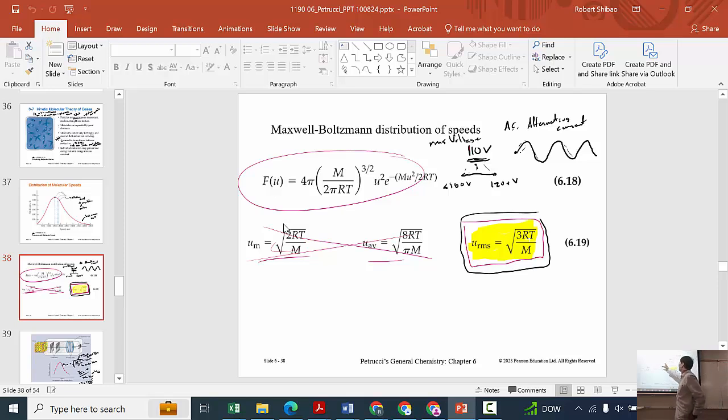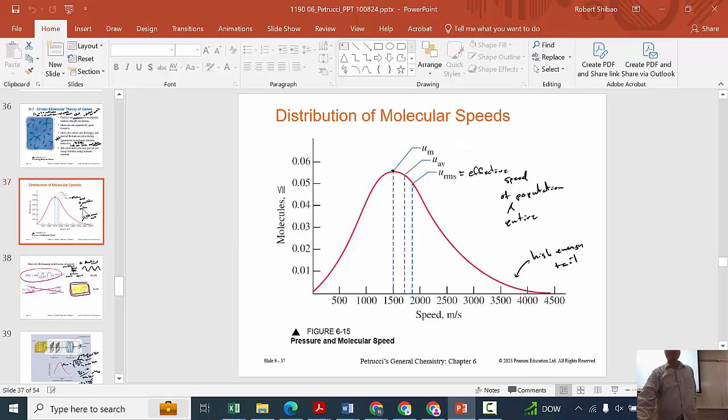So this is the Maxwell-Boltzmann equation here. This equation describes the distribution here. So this is just the equation modeling the distribution here. In this, we're not really going to be interested in the mean nor the average. We're just interested in the RMS.